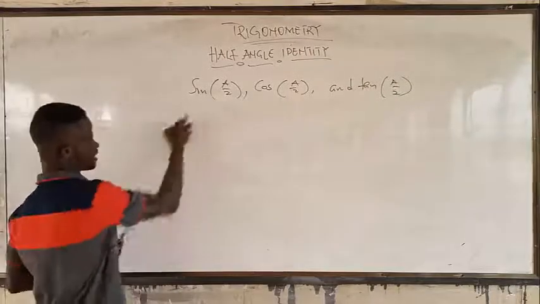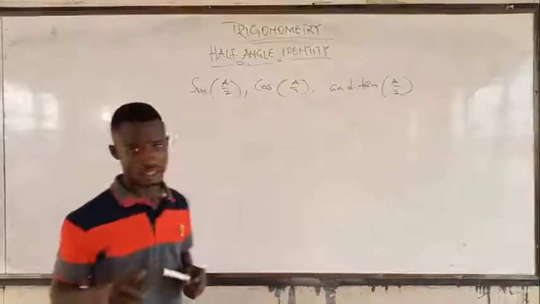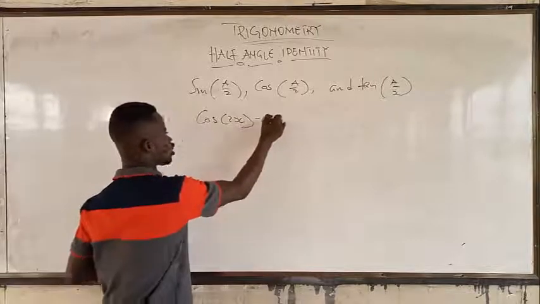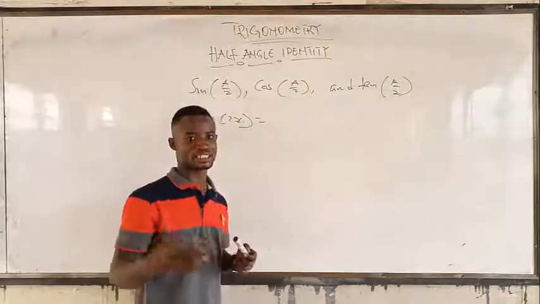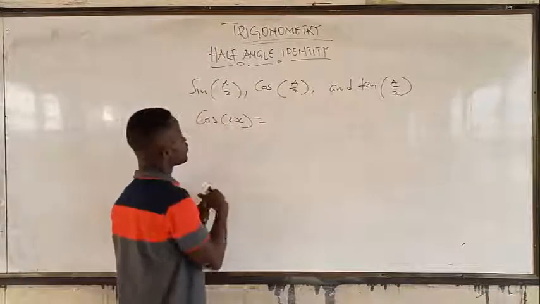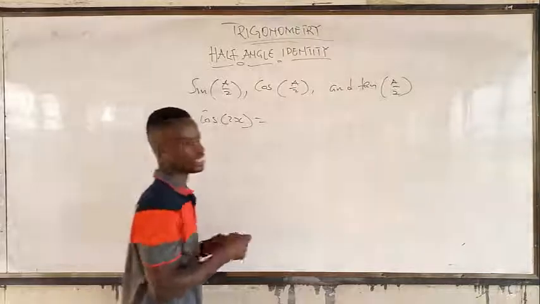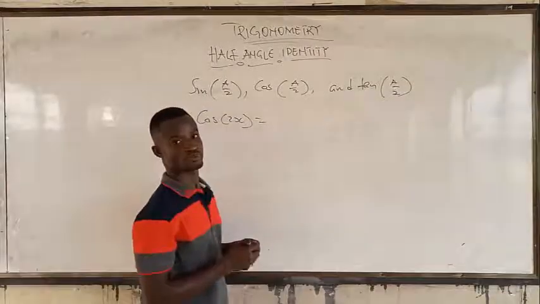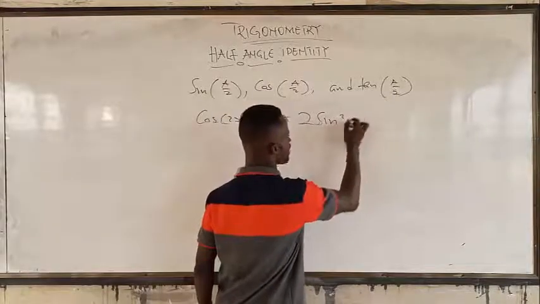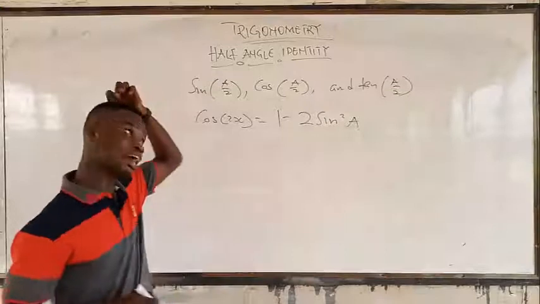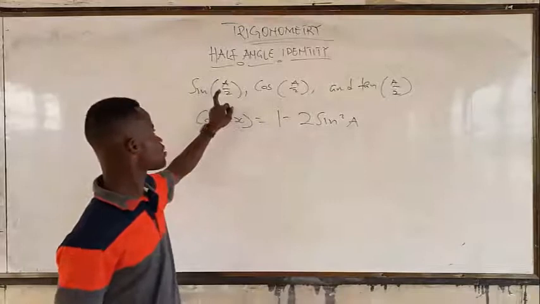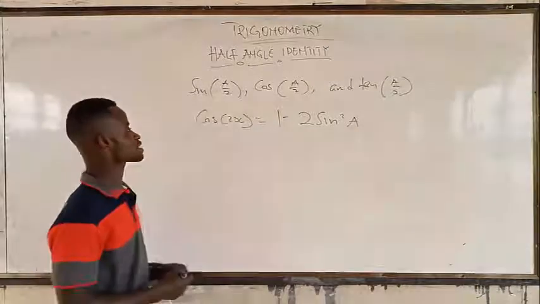We know that cos 2a is equal to, we are taking the one in terms of sine because we want to get the half angle of sine, so 1 minus 2 sine square a. Since we want sine, let's make sine the subject.